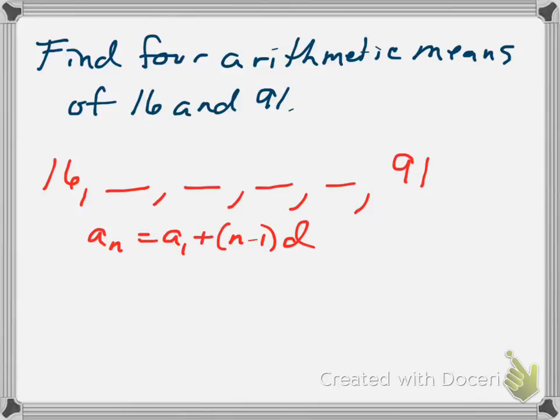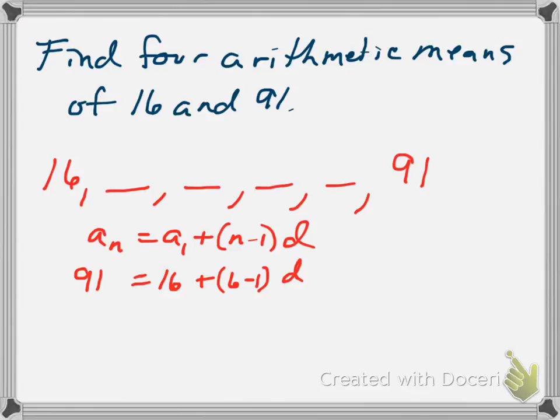Okay, here's what I would do. Mine would look like that. 91 for my last term equals 16 for my first term plus 6 terms total. And then I have a D.